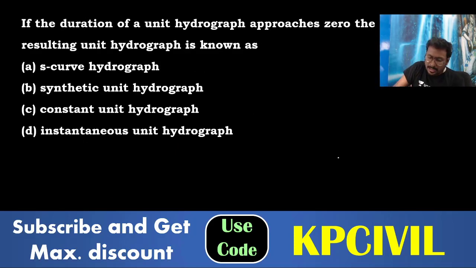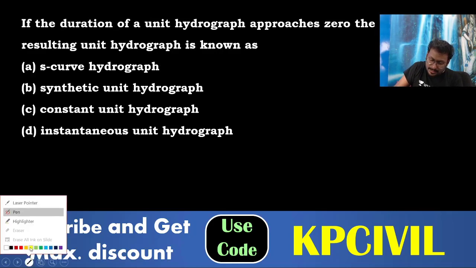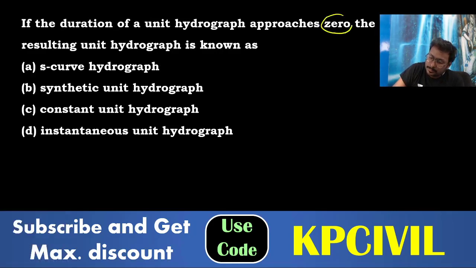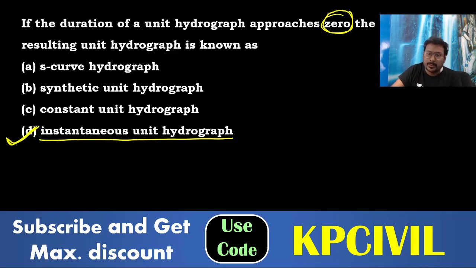The duration of unit hydrograph approaches 0. Resulting unit hydrograph, what is that? Instantaneous. Clark's IUH we discussed in 0 duration.